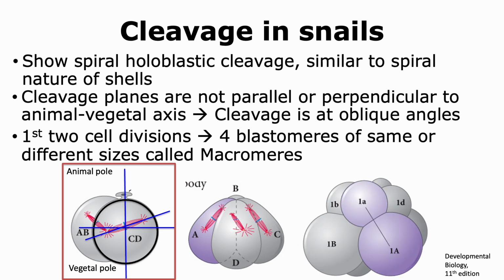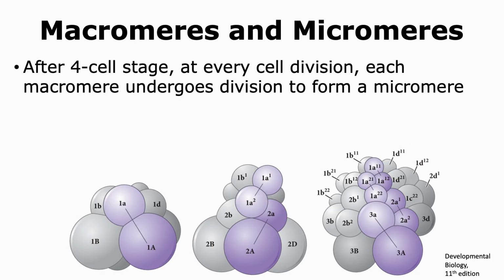Now, when the next set of cell division happens, if we focus on the one capital A and the one small a, this is where the A macromere has undergone cell division. And we can see that the one capital A and the one small a are not on top of each other, but they're at an angle to each other. And this is what we mean by a spiral cleavage.